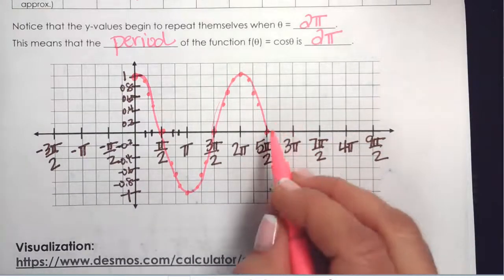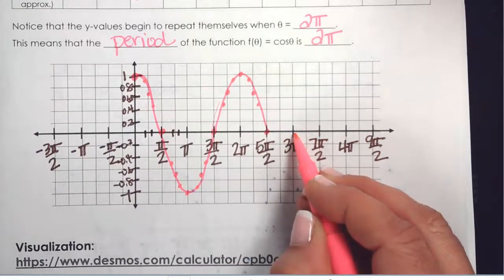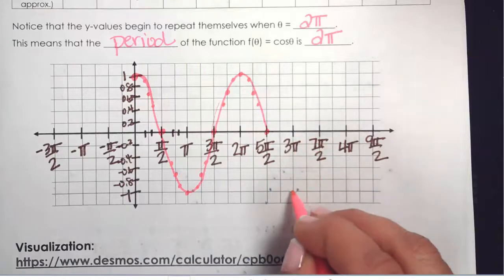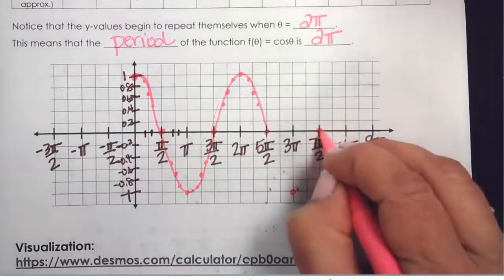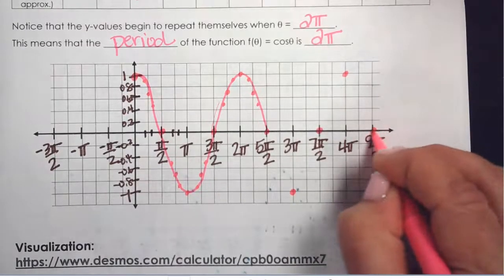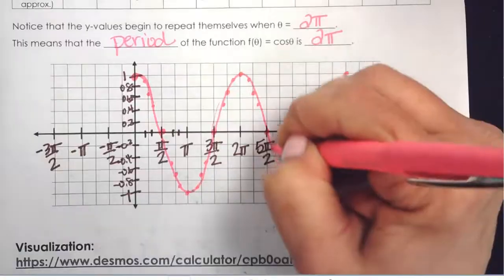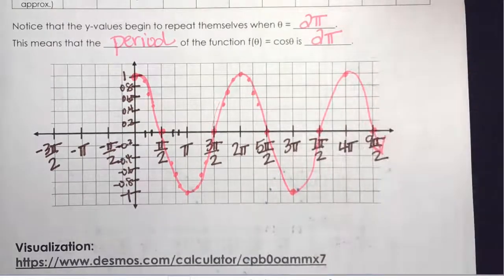So 5 pi halves ended up being 0. What would 3 pi end up being? Negative 1. How about 7 pi halves? 0. How about 4 pi? 1. How about 9 pi halves? 0. Awesome. And we can connect it like this.